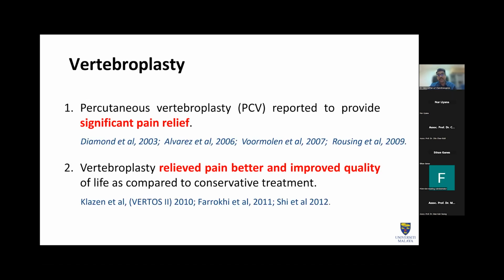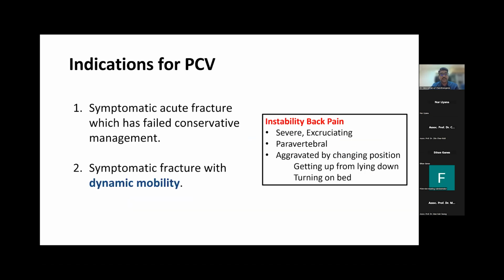Percutaneous vertebroplasty has been reported in many studies to give significant pain relief. Vertebroplasty has been reported to relieve pain better and improve quality of life as compared to conservative management. The indications for percutaneous cement vertebroplasty are a symptomatic acute fracture which has failed conservative management, or a symptomatic fracture with dynamic mobility.